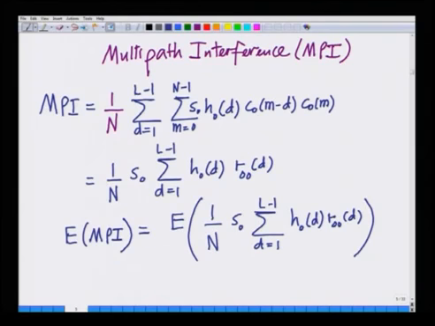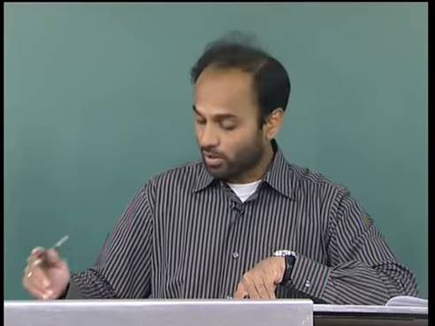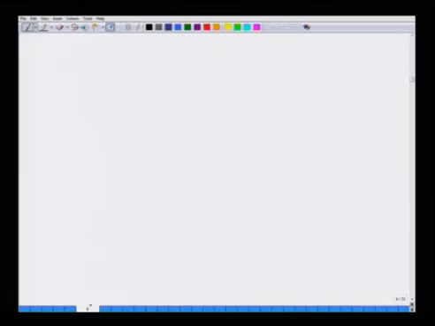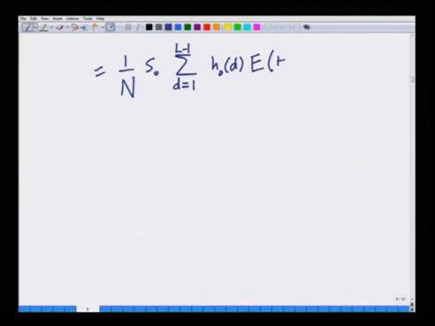Now, I can take the expectation operator inside and write it as the sum of the expectation of each of the individual terms, and that is simply 1 over n, expected s 0, summation d equals 1 to L minus 1, h 0 of d into expected r 0 0 of d.